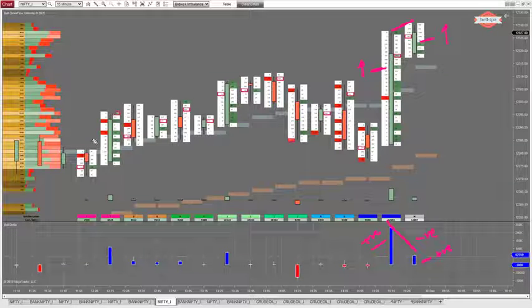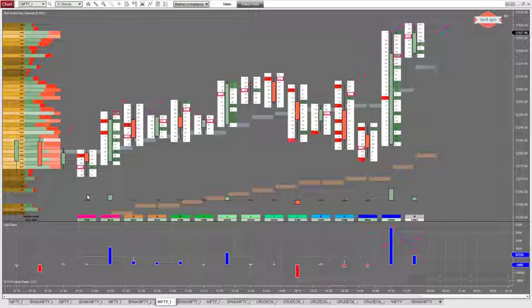Here, first bar is an up bar, second bar is a down bar. This is not allowed. Okay. So we cannot go forward and we cannot say this is a negative delta divergence. All right.